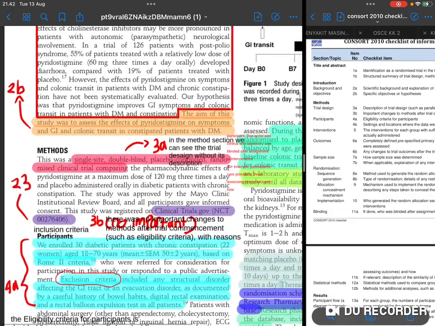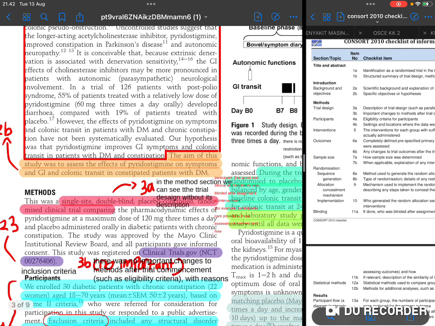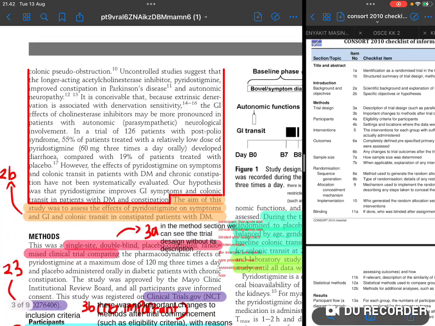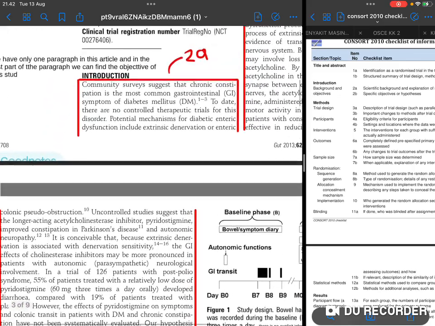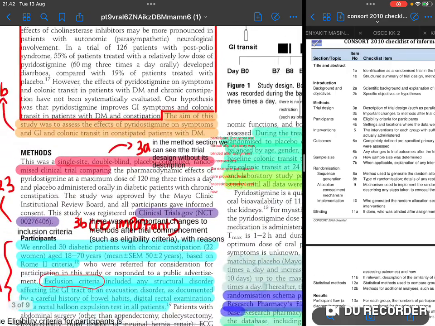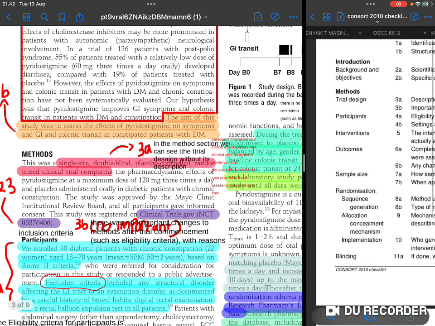As you can see, under the orange highlight over here, the aim of this study was to assess the effect of pyridostigmine and etc. And then the scientific background, as you can read over here, is written. The community survey suggests that chronic constipation is the most common gastrointestinal symptoms and etc.